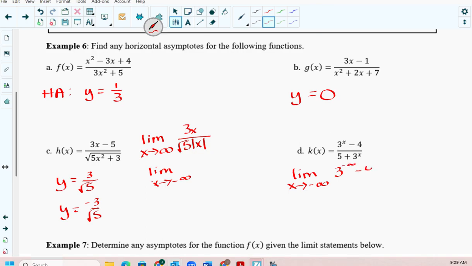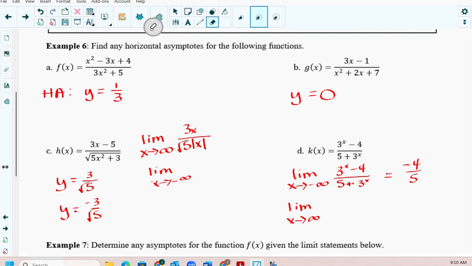I'm not writing this right. Are you guys okay with -4/5 for that one? Does that make sense? Okay. Yeah, when it's positive infinity, it's different. Ugh, I cannot write this morning, guys. Sorry.